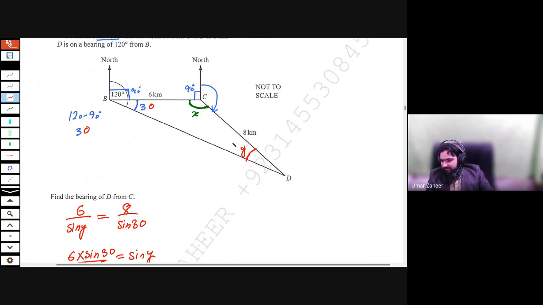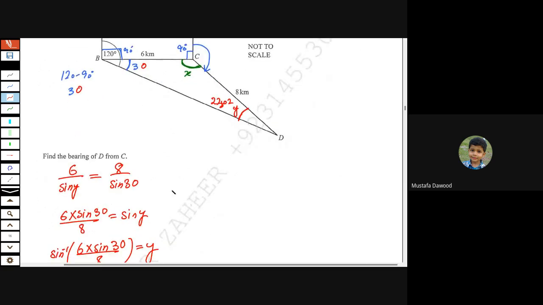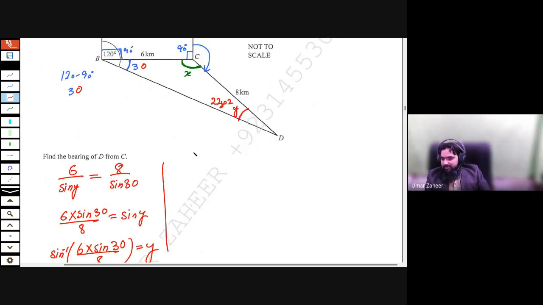So we'll get this angle 22.02. Alright, we know that the sum of all angles of a triangle is always equal to 180. So we are going to take 30 plus 22.02 plus x is equal to 180.